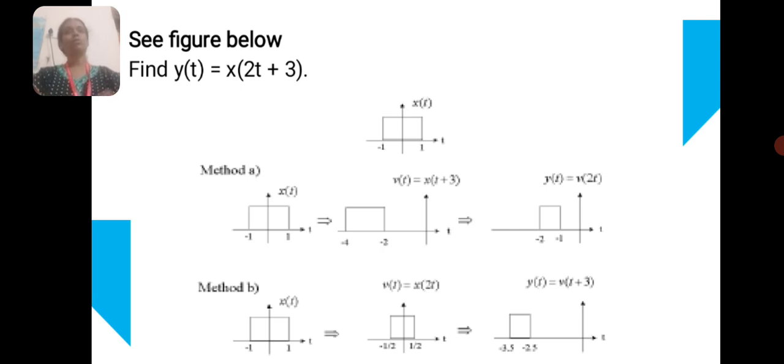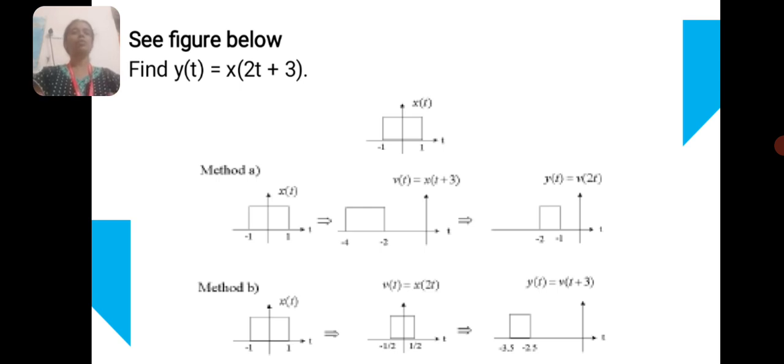As we use in a normal graph sheet, if we maximize every unit with a higher value, then the final diagram will be compressed or become smaller. The same happens here too. If the time axis is divided by 2, then it gets reduced to minus 1 by 2 to plus 1 by 2. So this is the time scaling.